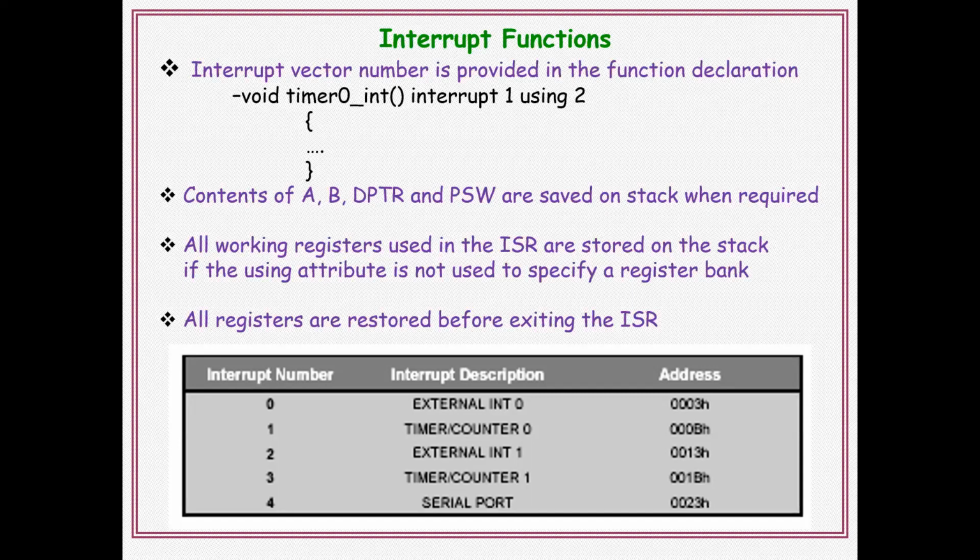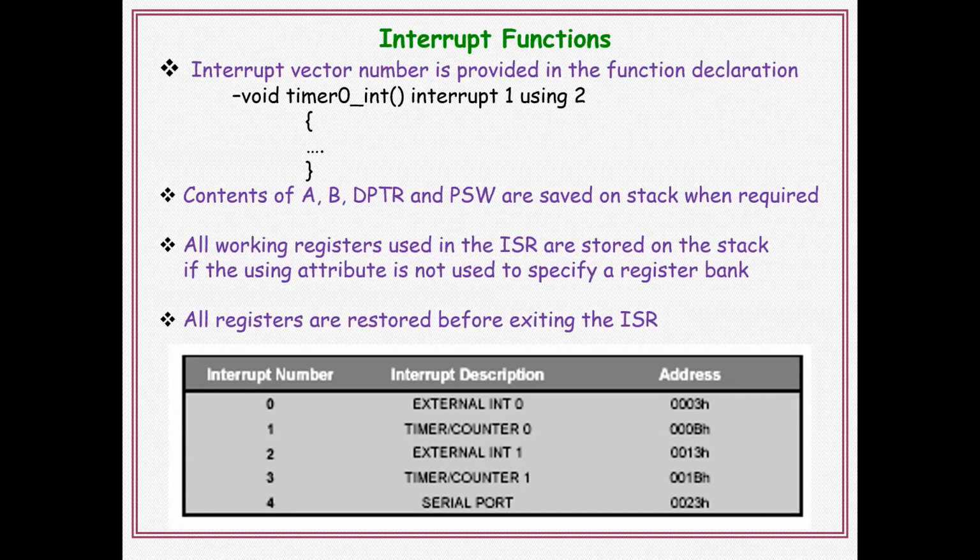All working registers used in the ISR are stored on the stack. If the using attribute is not used to specify a register bank, all registers are restored before executing the interrupt service.